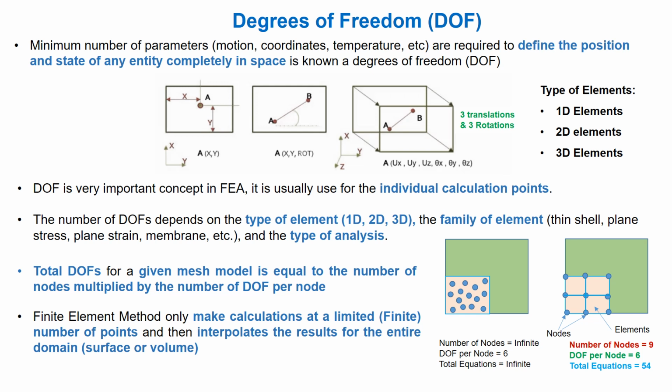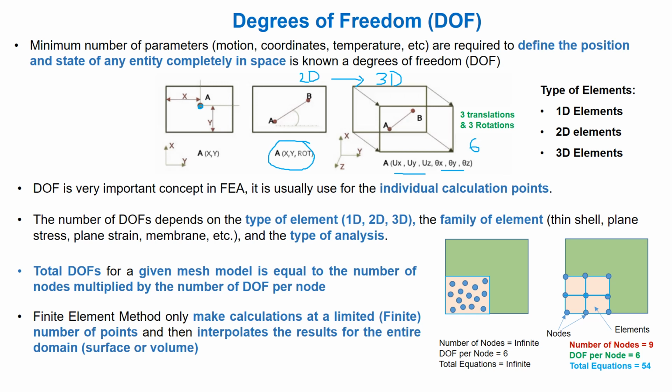In simple terms, if we consider a two-dimensional rectangle and point A, the movement of A may be in the x direction or y direction, with one rotational direction. So, 2 plus 1. But when 2D is converted to 3D, there is the possibility of 3 translational and 3 rotational motions. So, that is why it is cumulatively 6.